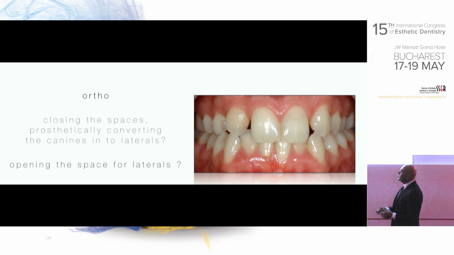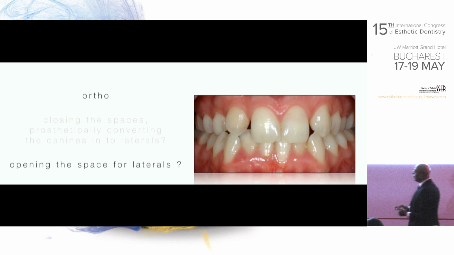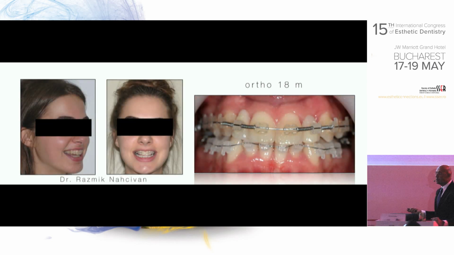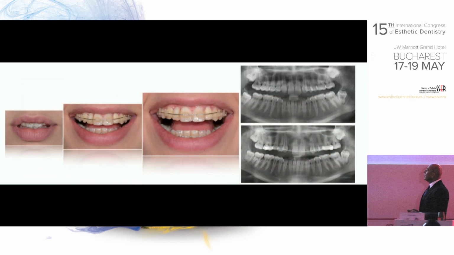And hopefully, the orthodontist picked up the choice of opening the space for laterals and then maybe for a possible implant work. So the patient is in my office after 18 months, and this is the condition.